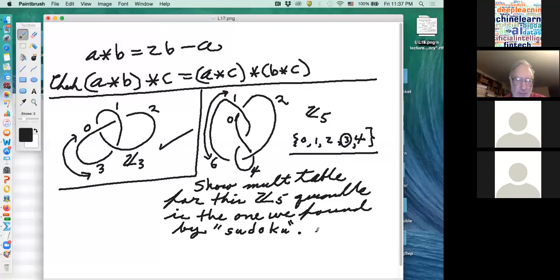So in terms of puzzlist nature, this is one way to make sure that the Sudoku table really does satisfy everything, because you know that this satisfies everything. And they're isomorphic tables.